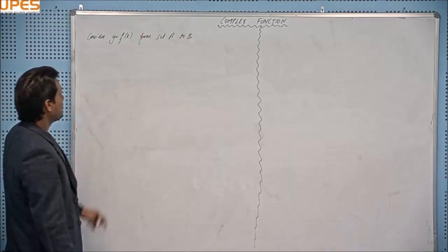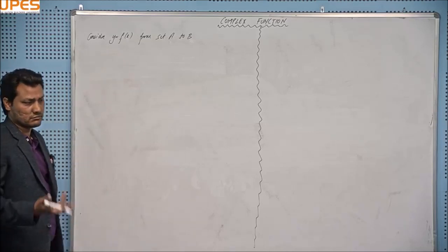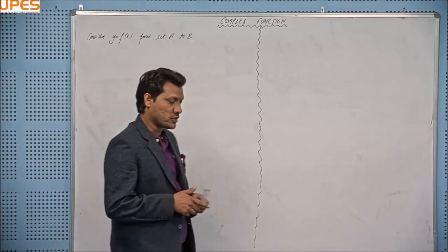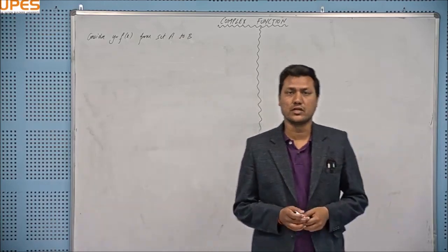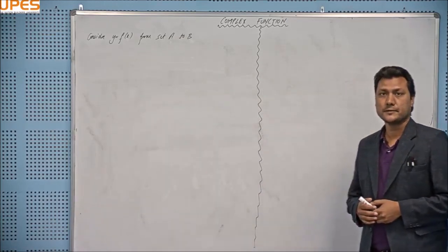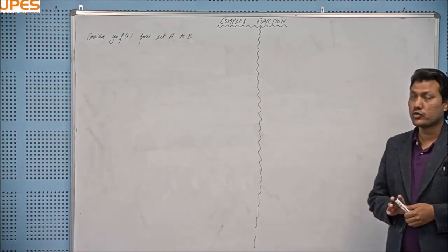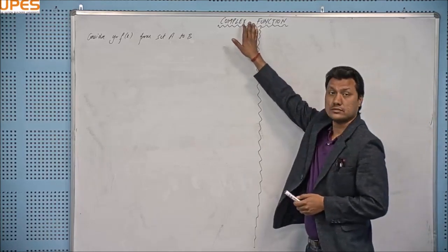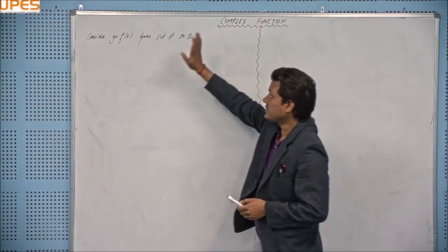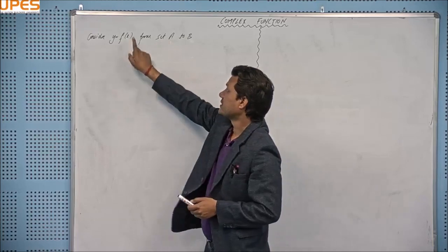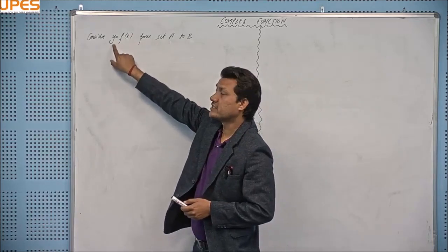Then this is called a real function, and obviously you can take any example, y equal to x square, y equal to x plus 1, anything. But here we want to deal with complex functions. Similar to this, x is the real input and y is the real output.